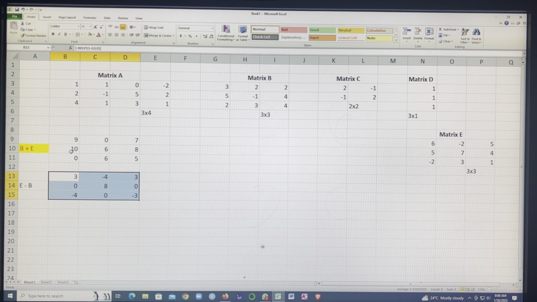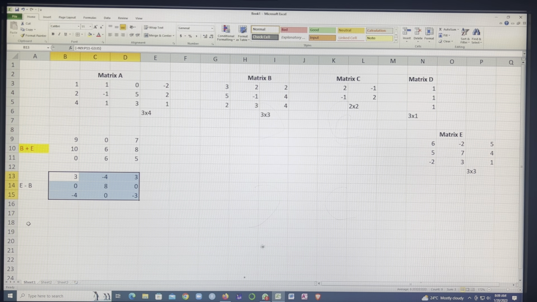Then I press the Enter button. So you see, it gives me the operation for matrix E minus matrix B. So you see, 6 minus 3 is 3, 2 minus 2 is 0, 5 minus 2 is 3, and so forth. It's very easy, right?